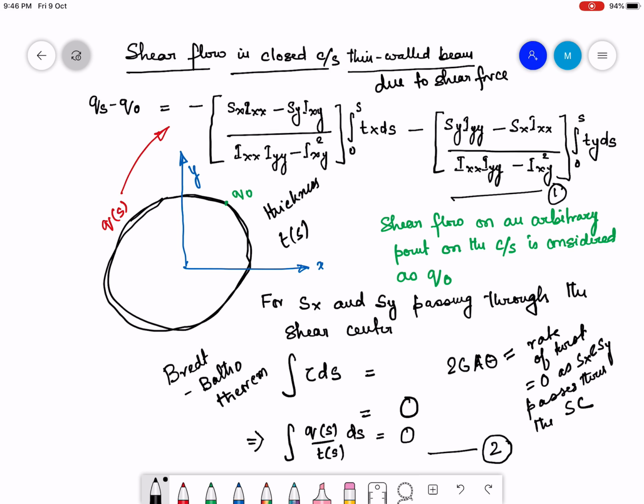So equations 1 and 2 are going to give the solution for qs.